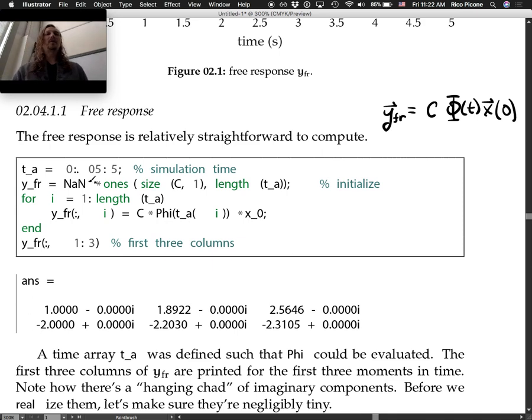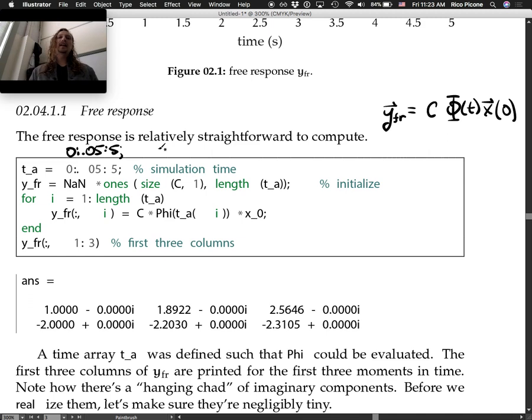And those points are going to be defined by this TA vector. This is 0, 0.05, 5, which is to say a time vector that goes from time equals 0, in increments of 0.05 up to 5. And we'll always use seconds for our time unit.